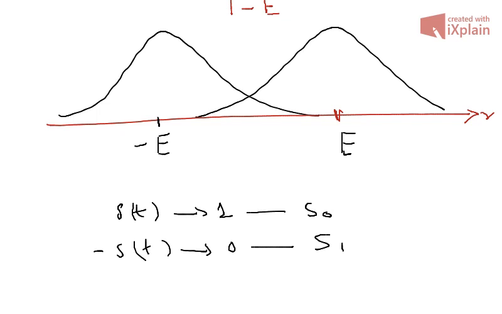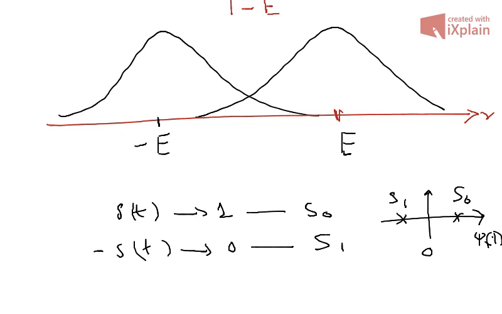Just to be consistent with your previous knowledge of antipodal signals, you can always draw antipodal signals as 2 points on the axis psi 1 of t, if you go back to your BPSK knowledge. So you have S naught and S1. Now here it should be the other way around, you have S1 here and S naught here, because we are assuming plus signal for the binary one.